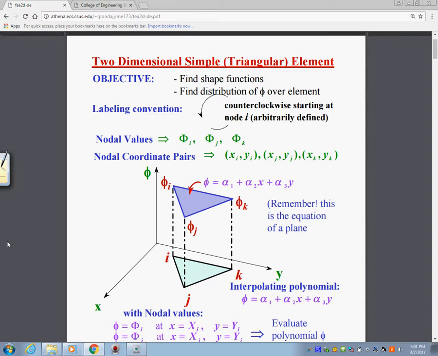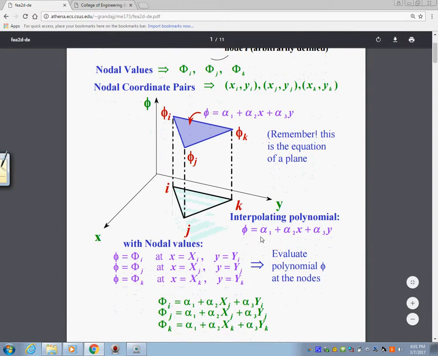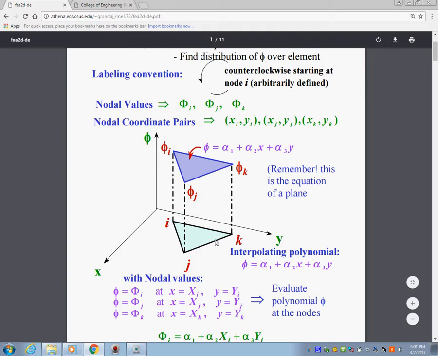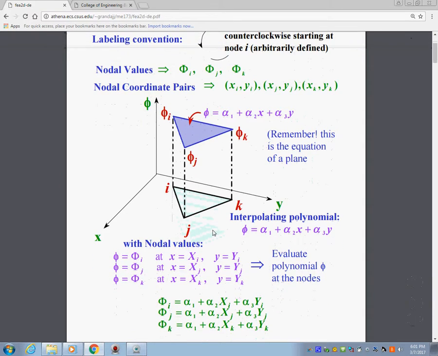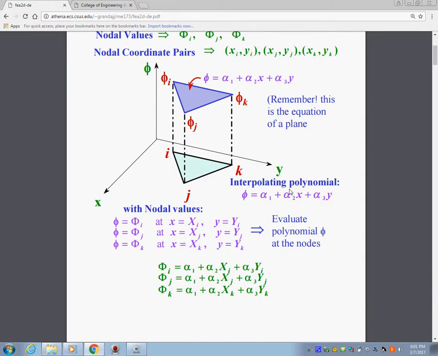So here we're going to say the solution phi at the node I will have to be whatever these coefficients are with the coordinates of the node I. So here we have what we call the interpolating polynomial, which is in fact a plane.